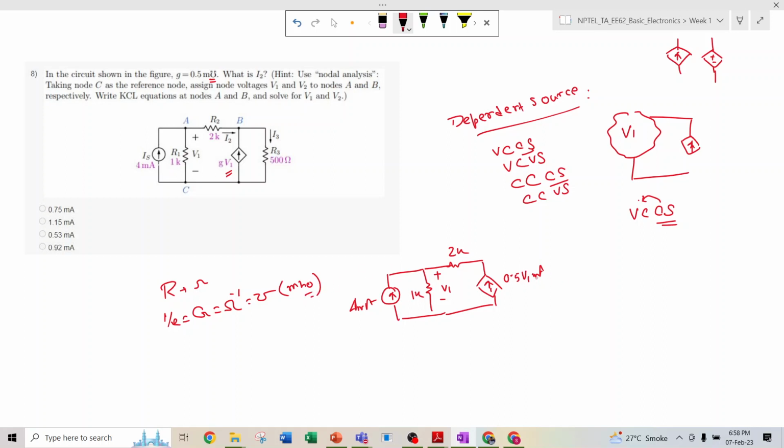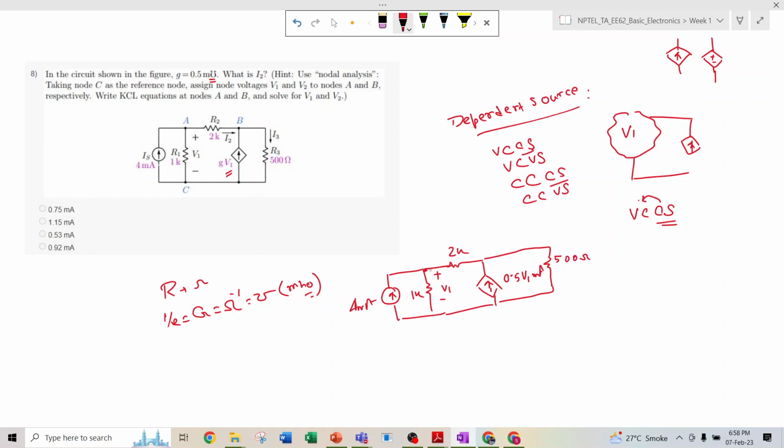So this is millisiemens into 0.5, millisiemens into V1, so that turns into a current source, so milliampere. And here you have a 500 ohm resistance.